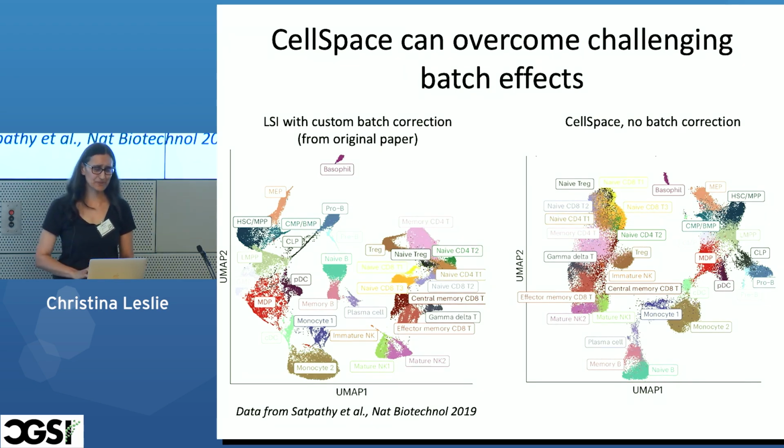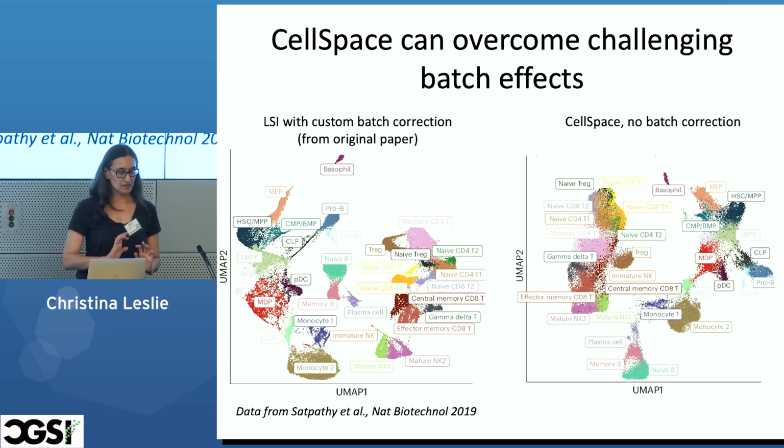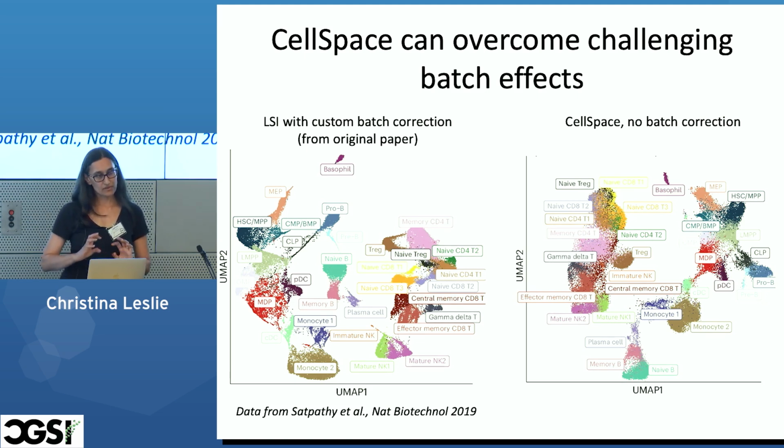Okay, another example, since we are often interested in clinical samples. Clinical samples have batch effects. This data is from a study from Satpathy et al. They did single-cell ATAC in bone marrow and peripheral blood, multiple donors, a big atlas.